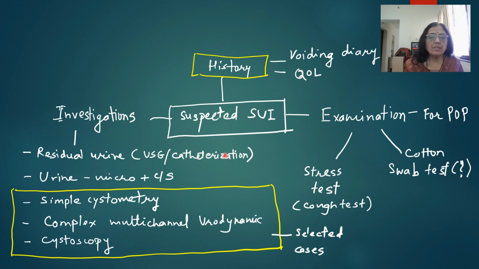But catheterization is a relatively invasive way, and that is why ultrasonography is better. Urine microscopy, culture and sensitivity should always be done in each and every case of suspected SUI. The rest of the investigations are not obligatory in each and every case. In the majority of uncomplicated SUI, there is no need. In selective complicated cases only, we need to do simple cystometry, complex multichannel urodynamic study or cystoscopy.